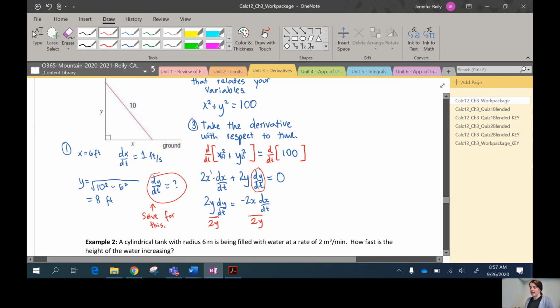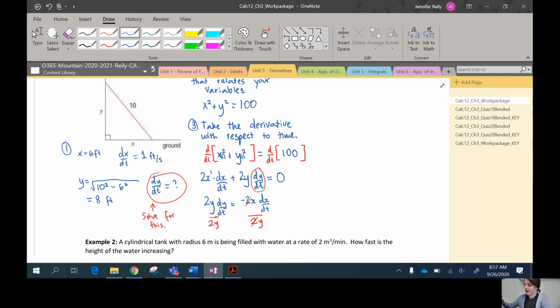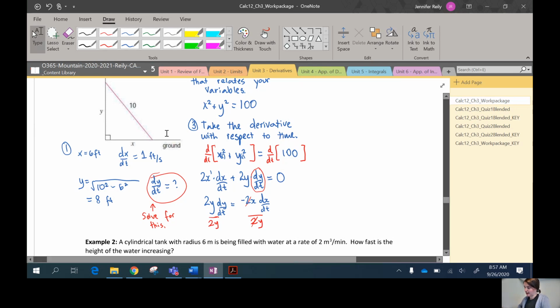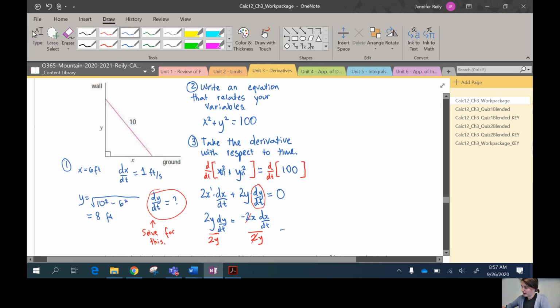We can save some time if we cancel out those 2's, since there's a 2 in the denominator and in the numerator. I'm going to draw an arrow so you can see where my work is going. Then I'm left with dy/dt on one side and x times dx/dt all over y. Remember, those 2's got canceled out. Oh, I forgot the negative sign.